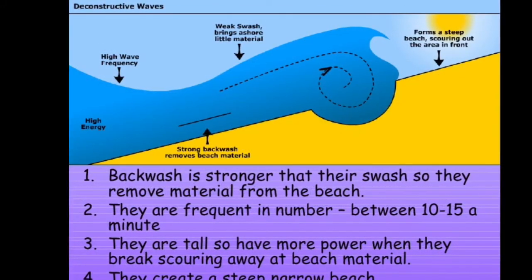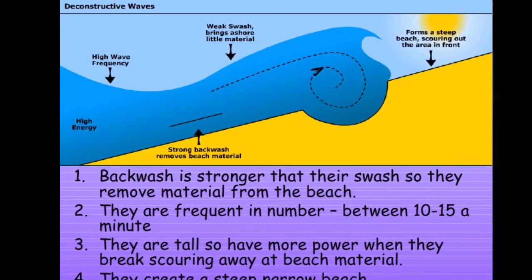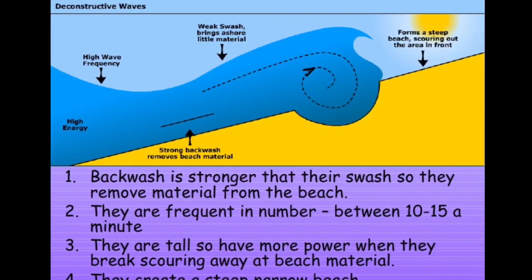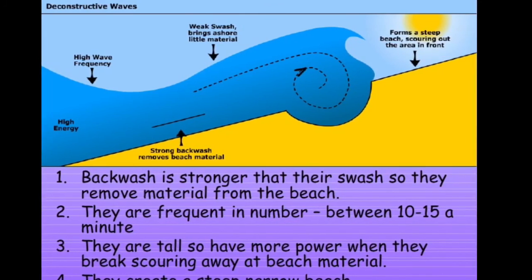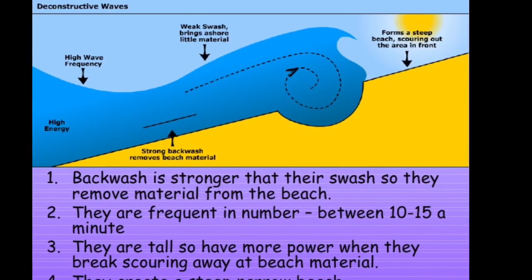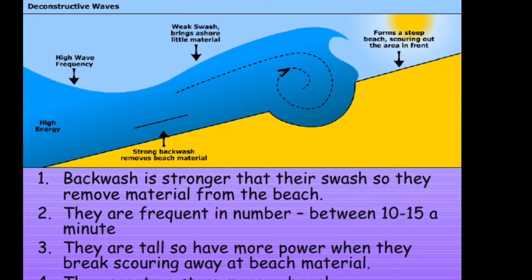Now, in a much windier environment, you're going to get much more powerful waves. These will be waves with a much higher wave energy, a much higher wave height, and a higher wave frequency. Now, these are destructive waves, and they have a much stronger backwash than they do swash, which means any sediment that's left on the beach is taken straight back out to sea.